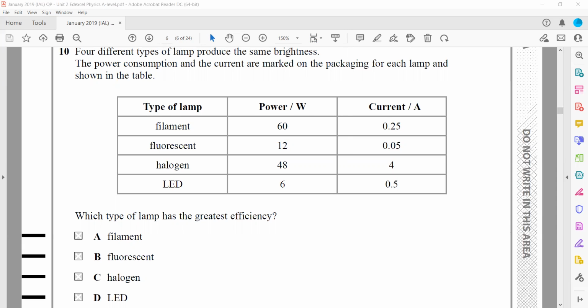Four different lamps are there. They are producing the same brightness, so we can say the output power is the same. These labels refer to the input power, and the current marked on the packaging of each lamp is given. The power dissipation P equals I squared R, meaning the one which draws the greatest amount of current.